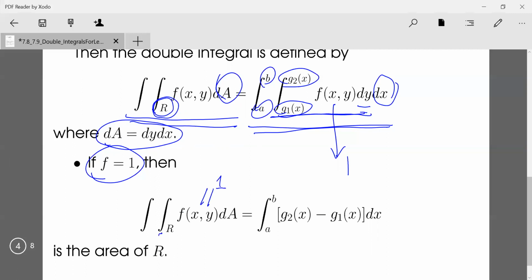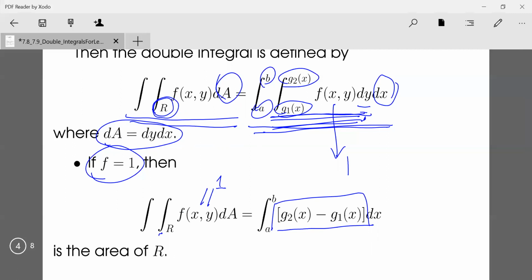Then we look at this integral here with f equal to 1. The first integral inside becomes this. This is the result of the first integral. And now we integrate the difference of those two functions.